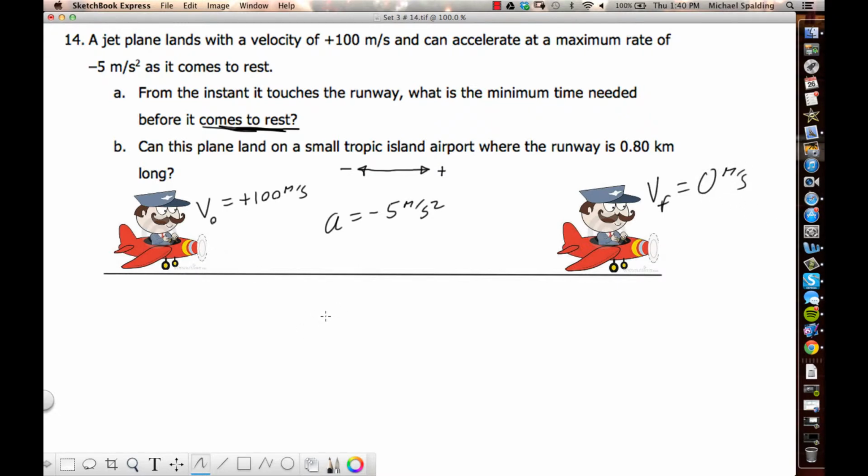All right. What is the minimum time? So we're solving for T here, the time required for the airplane to stop. So you've got to look at your list of motion equations. With this information, the equation that's going to solve part A is V final equals V initial plus AT. And the only missing variable here is what?